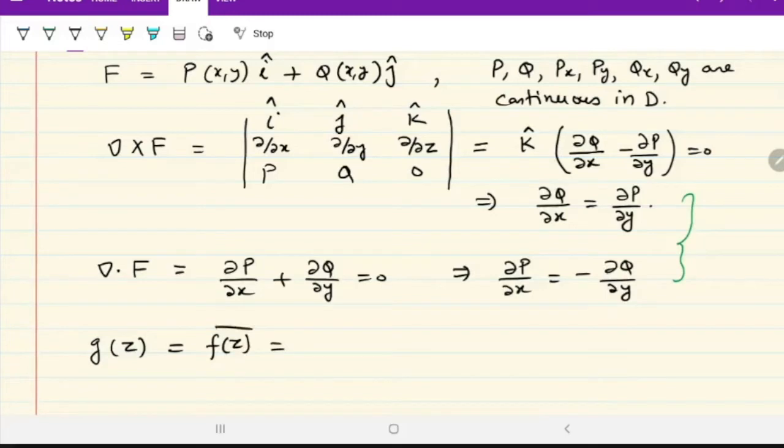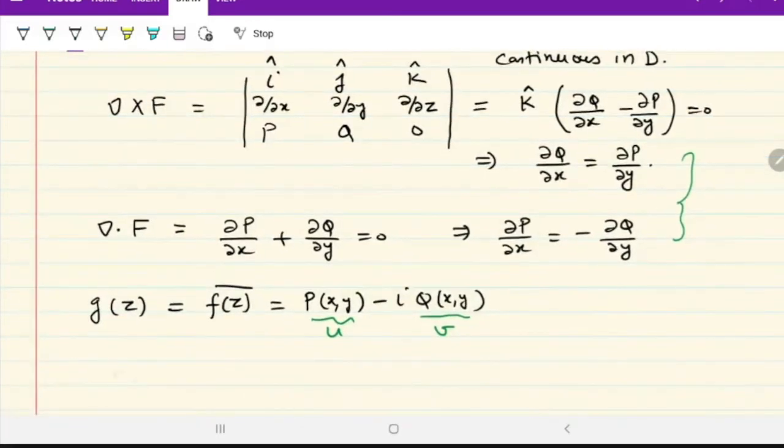So if f is p plus qi, its conjugate will be p minus qi. So if you consider this as the real part, and this, along with the minus sign, as the imaginary part, then the first CR equation is del u over del x equals del v over del y.